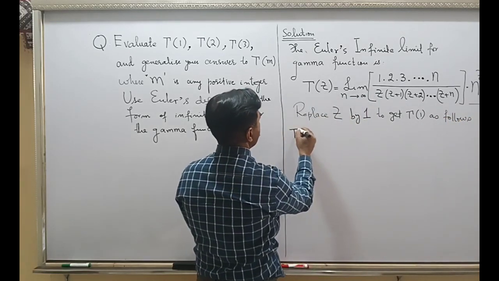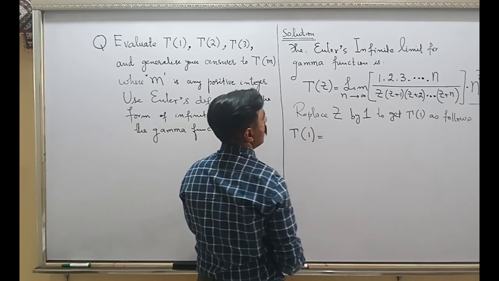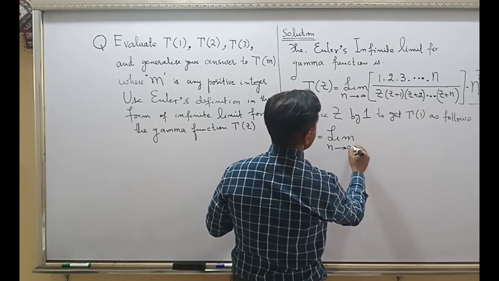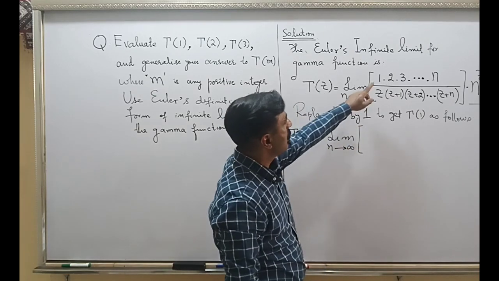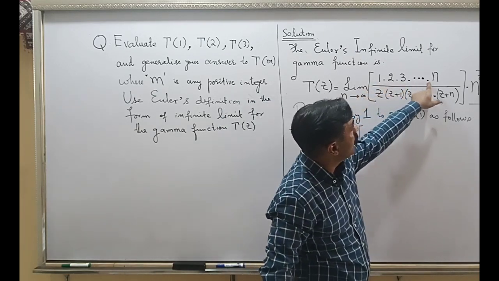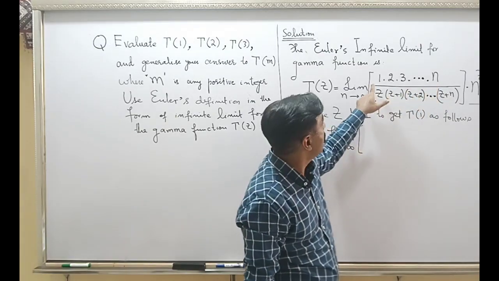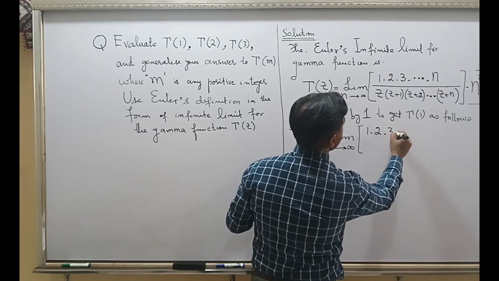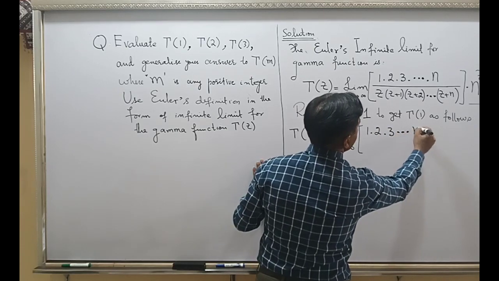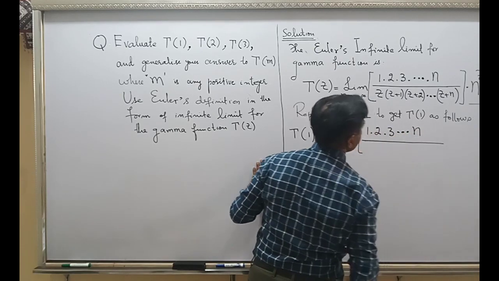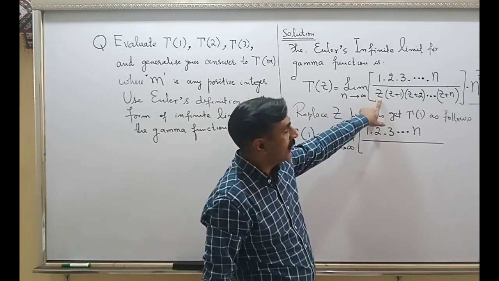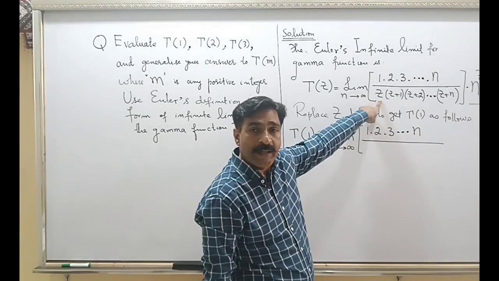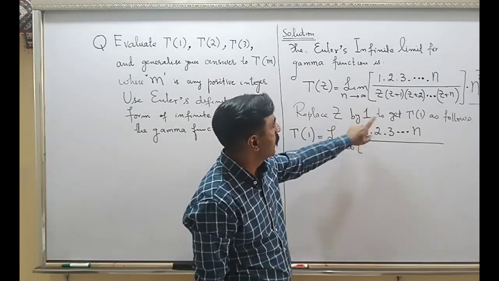So gamma 1 is equal to the limit as n approaches infinity. There is no z in the numerator, so this part will be written again as such with no change: 1 2 3 dot dot n. In the denominator you have z's everywhere, so replace wherever you find z with 1.